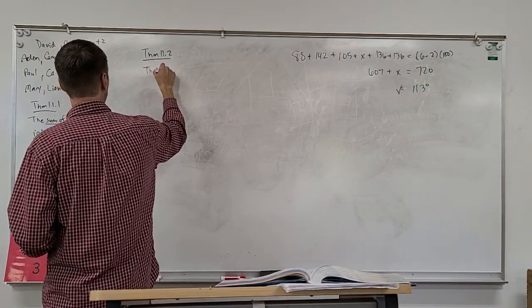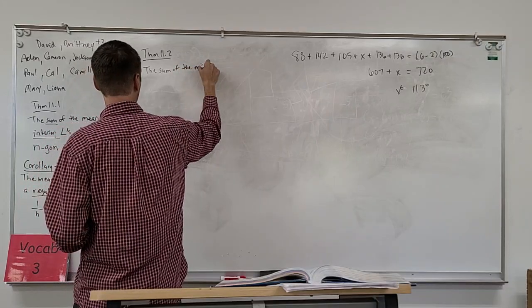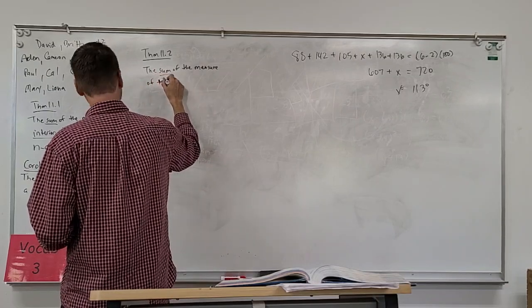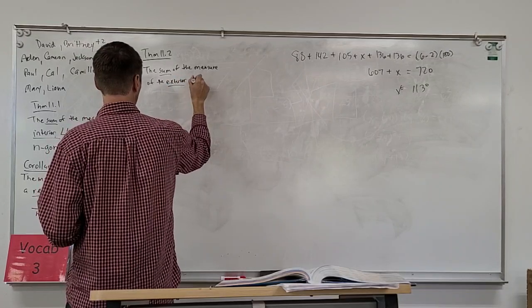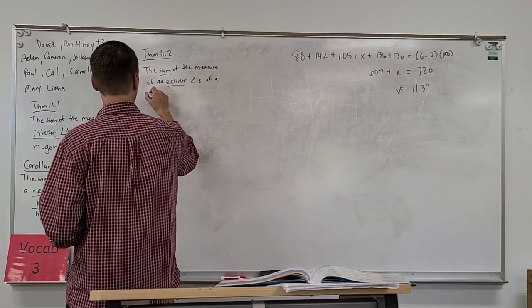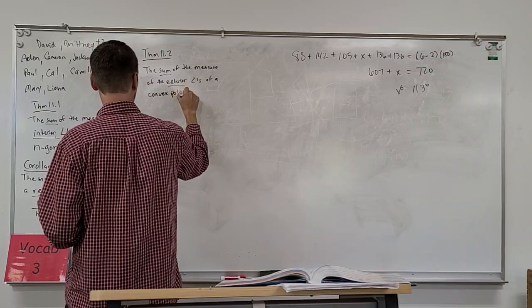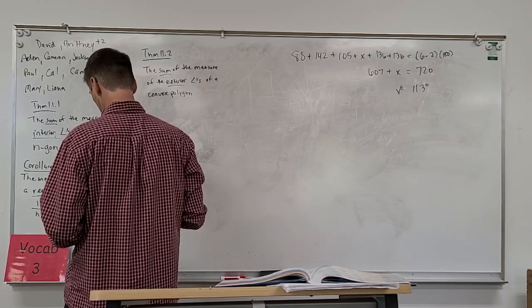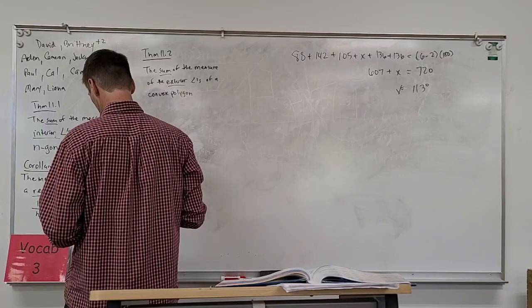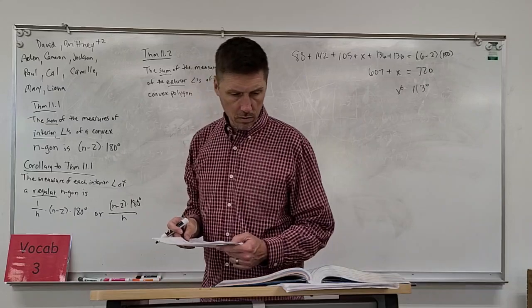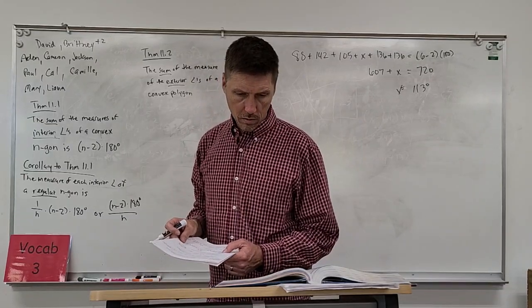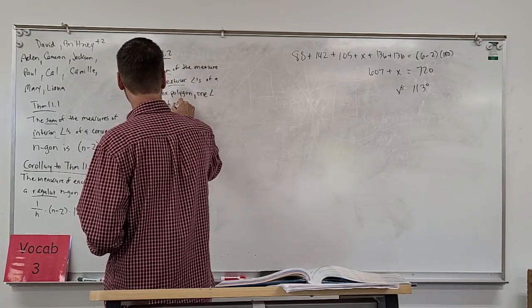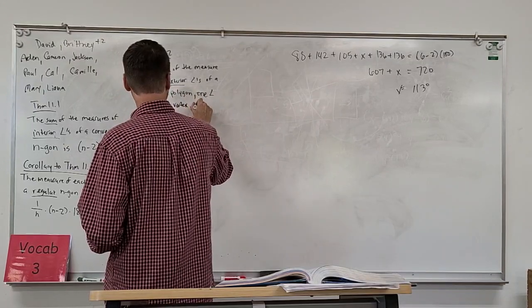The sum of the measures, again, it's the sum of the exterior angles of a convex polygon with one angle at each vertex is 360 degrees.